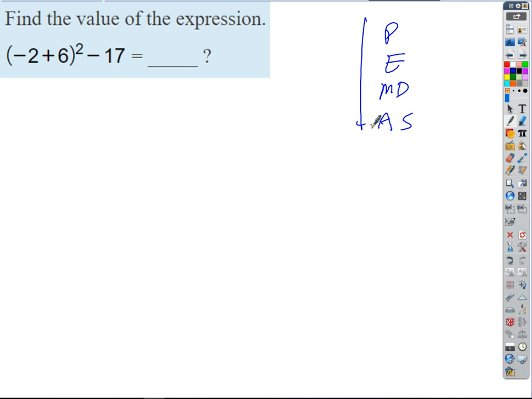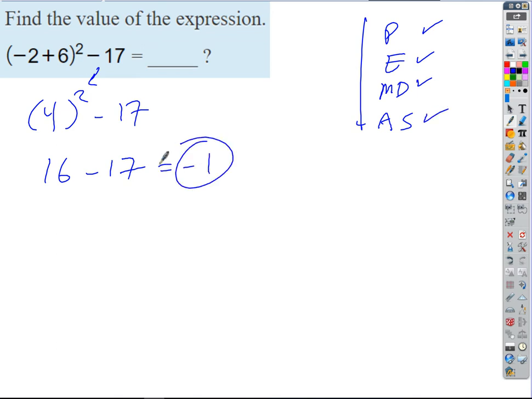So inside parentheses, yes, negative 2 plus 6 is positive 4. What's next? Exponents, good. So we got a squared. So 4 squared is 16. There's no multiplication. There is some subtraction. 16 minus 17 is negative 1. Okay? Questions? No. Okay, good, good.